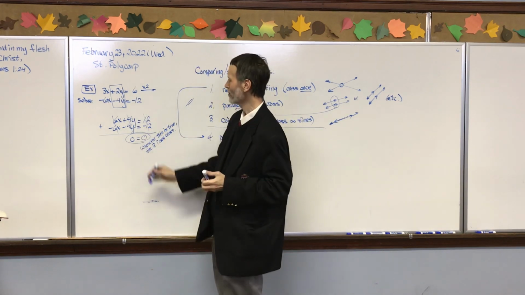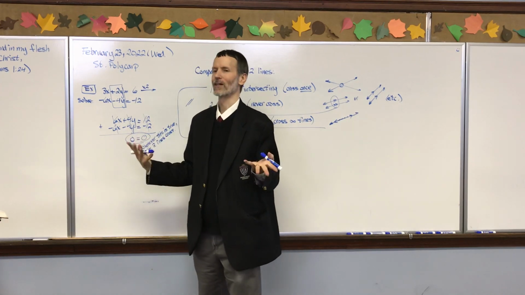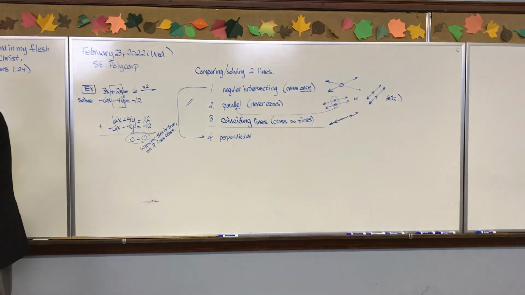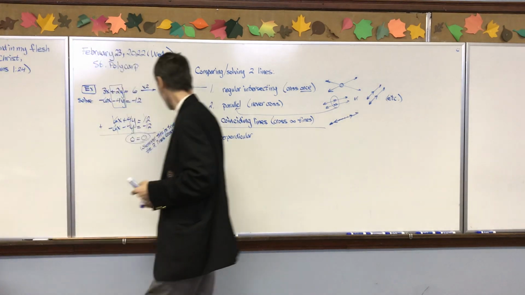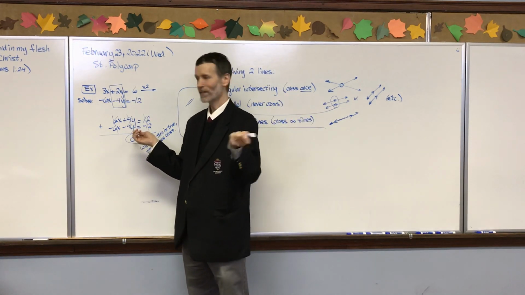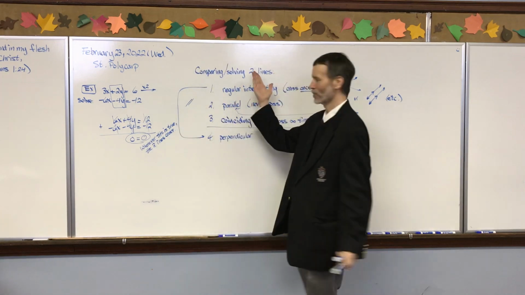If you have two graphs, the solution is where they cross. Where do these cross? Any ideas? Whenever this is true, the two lines cross. How often is this true? All the time. How often do the two lines cross? All the time.